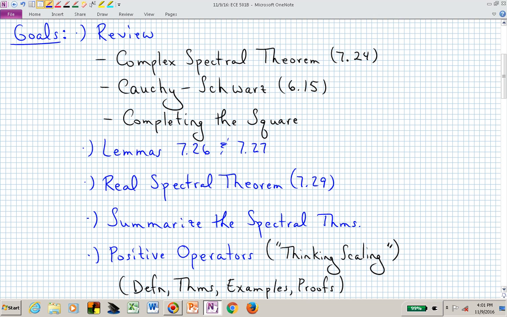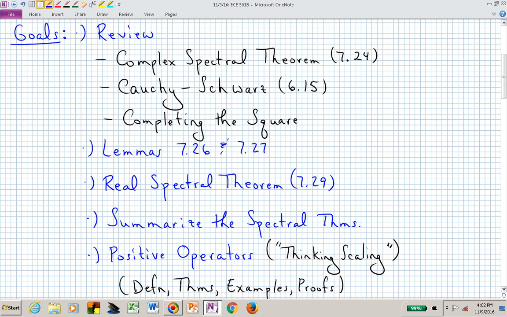We will talk about the real spectral theorem, but before we do that, we want to go back to earlier algebra classes and talk about completing the square and reviewing or reminding ourselves about the Cauchy-Schwarz, or the lower bound on the Cauchy-Schwarz. And then we will introduce a couple of lemmas, 26 and 27, before we get into the real spectral theorem, which is what structure do we need on our operator in order for it to be diagonalizable when we're working with a real field of numbers.